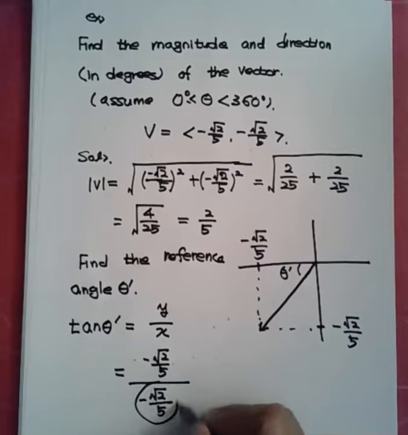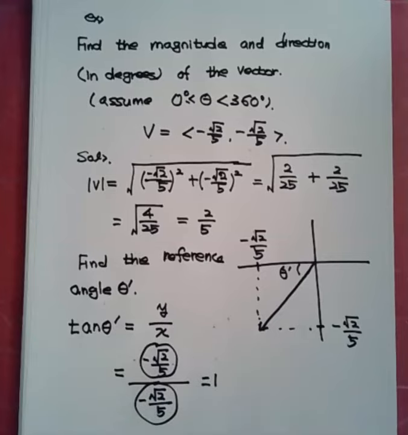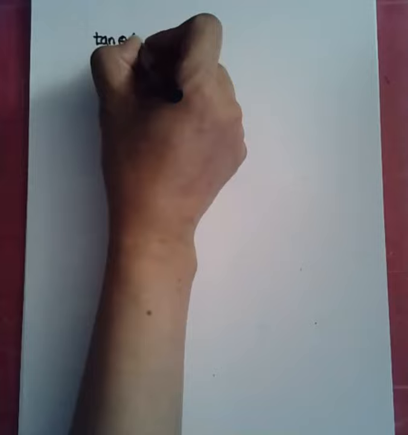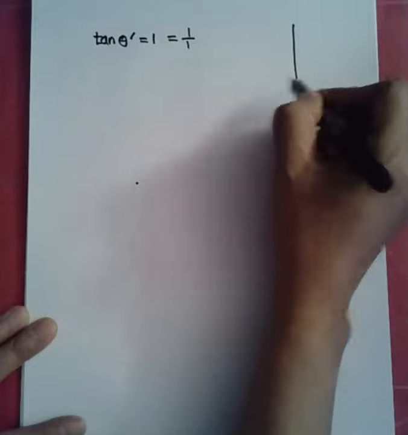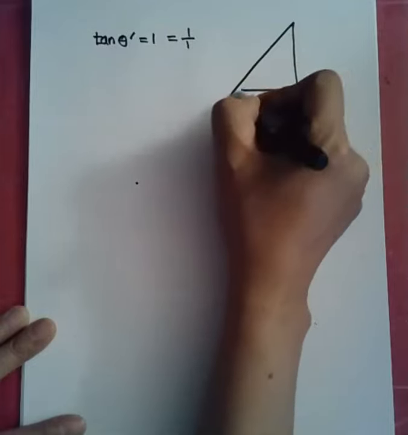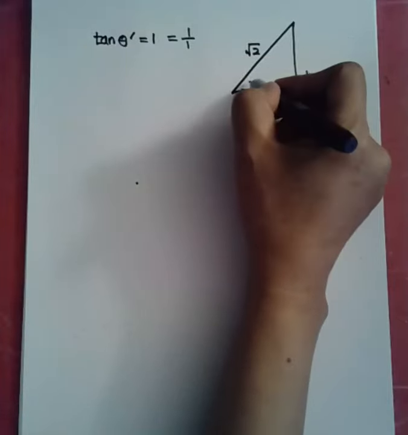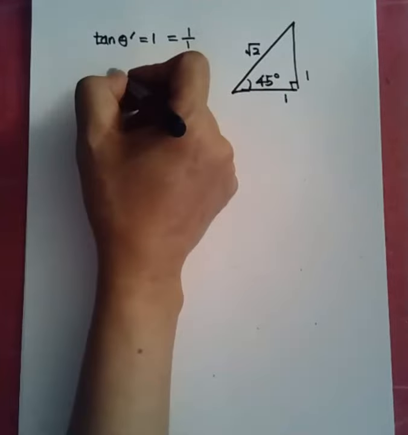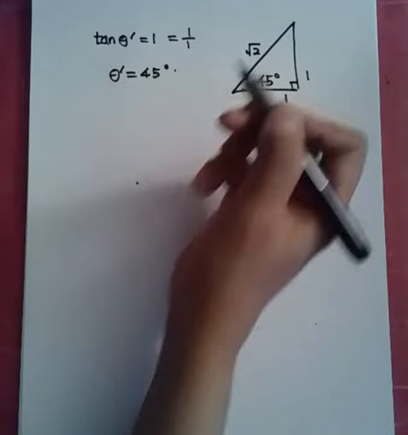Those are the same, so the fraction will be reduced to 1. So we know that tangent of theta prime equals 1, that is 1 over 1, that is a 45-45-90 degree triangle. So the reference angle theta prime equals 45 degrees.